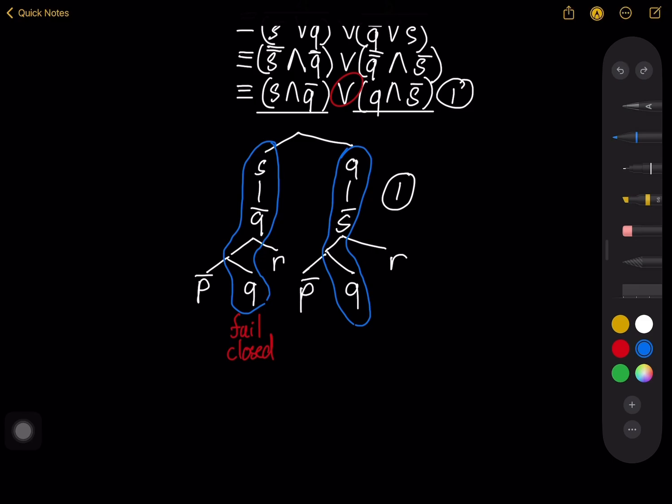There is no contradiction, but we didn't go over all the premises yet. So we cannot conclude this branch is open until we go through all the premises. Okay, so let's hold on to that.